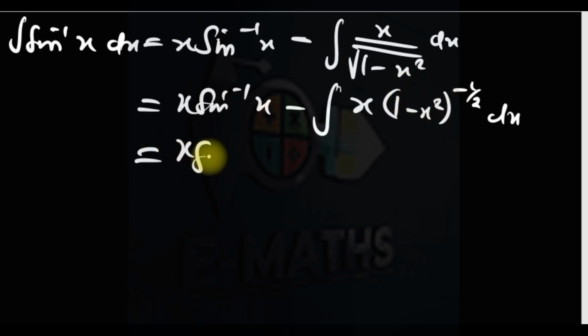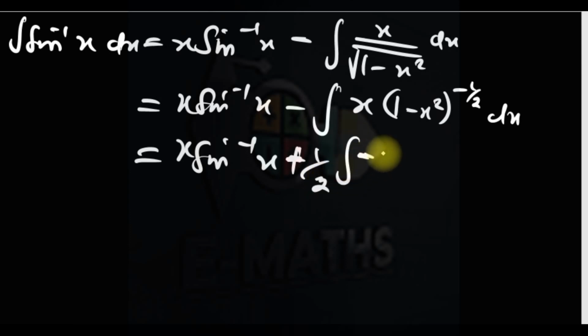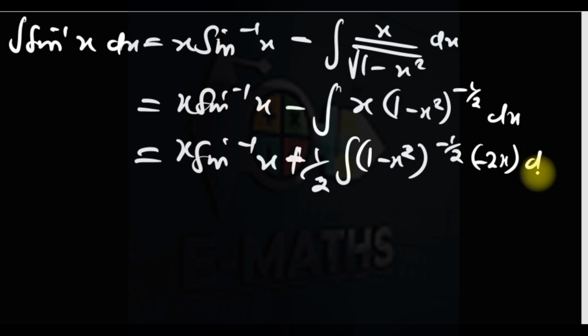So I can write this as x sine inverse of x minus, or maybe plus half the integral of, let me write this first, 1 minus x squared raised to power minus half times minus 2x dx.